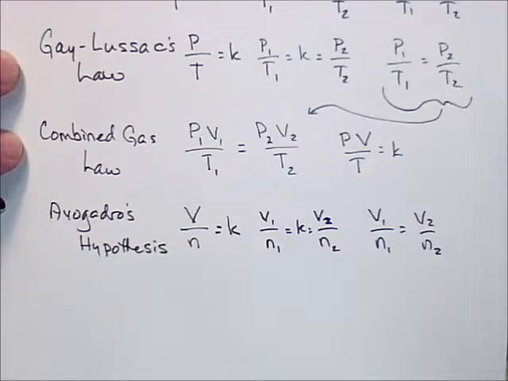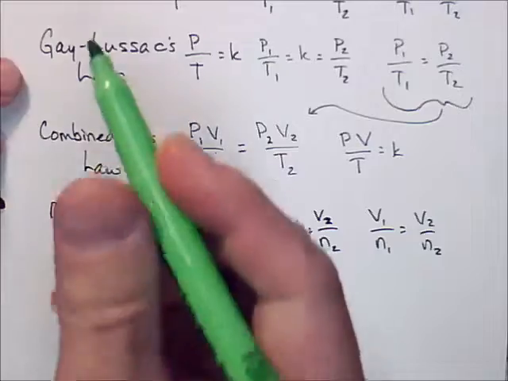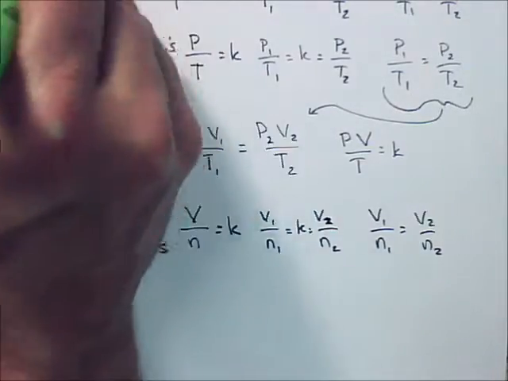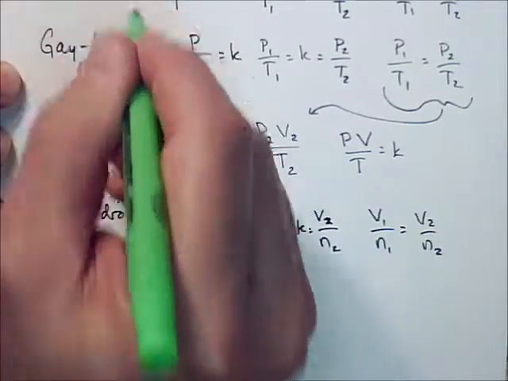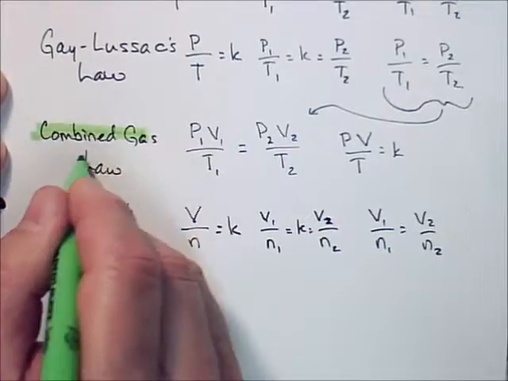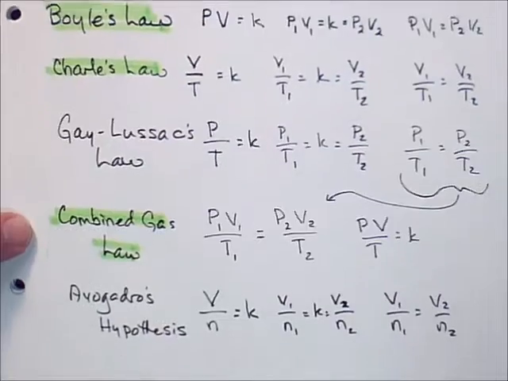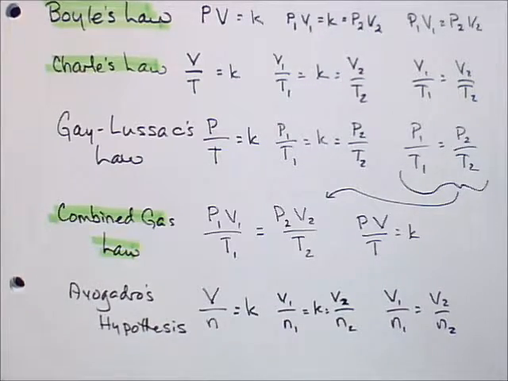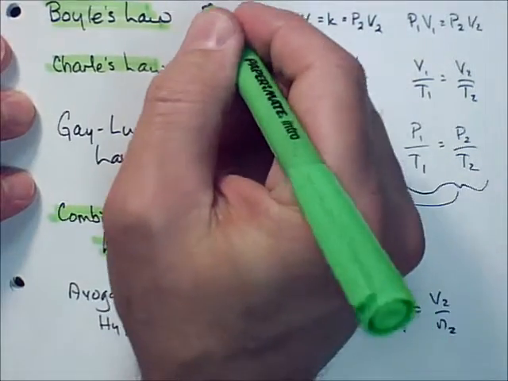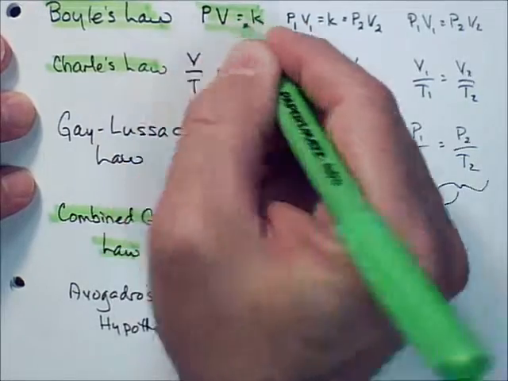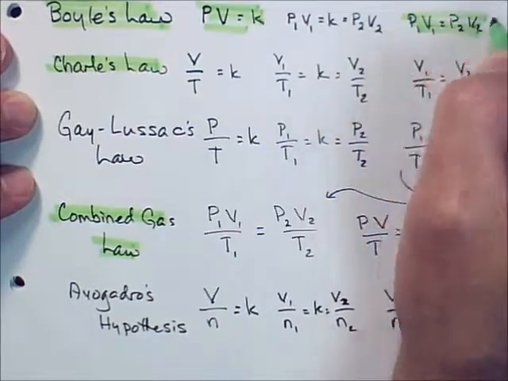Now, the laws you do have to know in this class are Boyle's Law, Charles's Law, the combined gas law, and one more law we're going to talk about. You need to know also that Boyle's Law means this, and it means this.